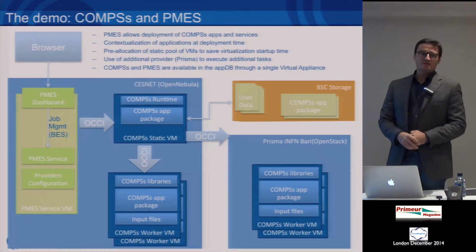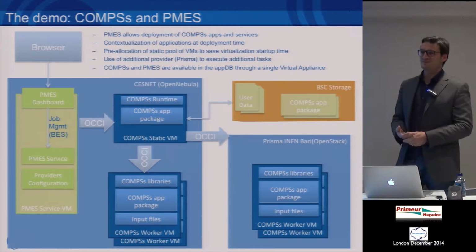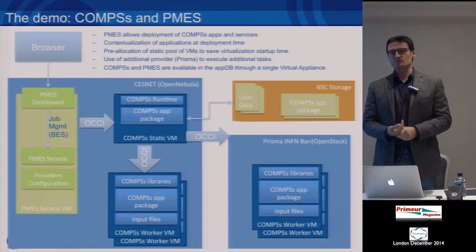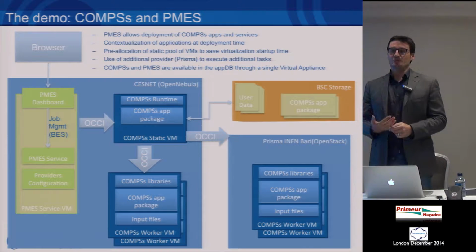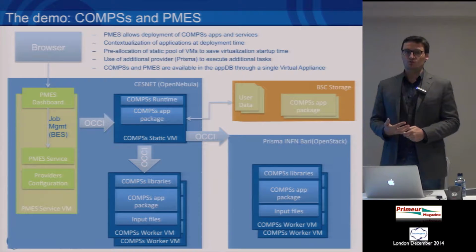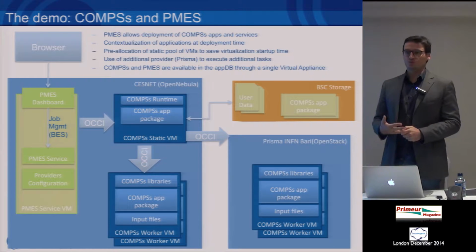The application that I will execute is, let's say, a stupid application, because the aim of this presentation is to show that COMPSs is able to create and execute tasks on dynamically deployed virtual machines in a federated infrastructure like the EGI Federated Cloud, using multiple providers during the same execution.